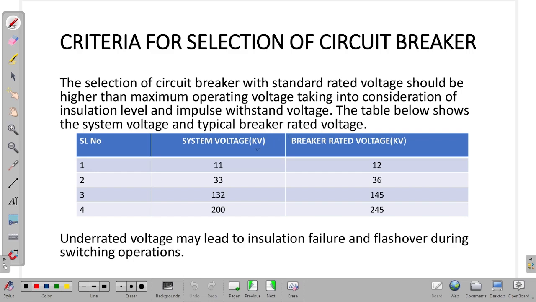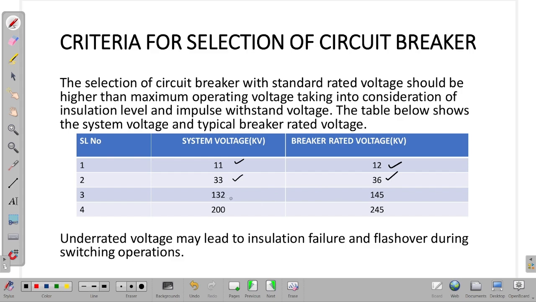The below table gives the system voltage and their rated breaker voltage. For 11 kV system voltage, the breaker rated voltage is 12 kV. For 33 kV system voltage, the breaker rated voltage is 36 kV.